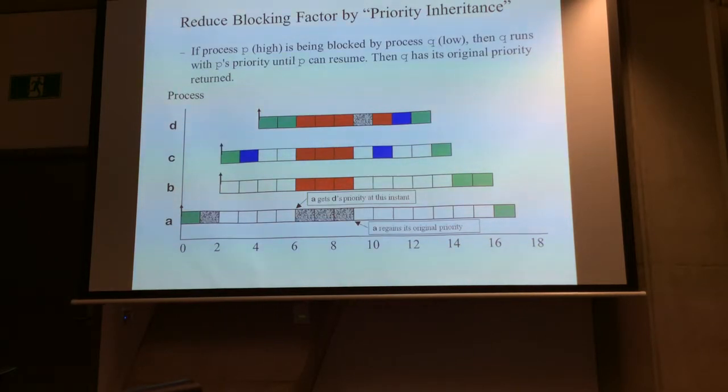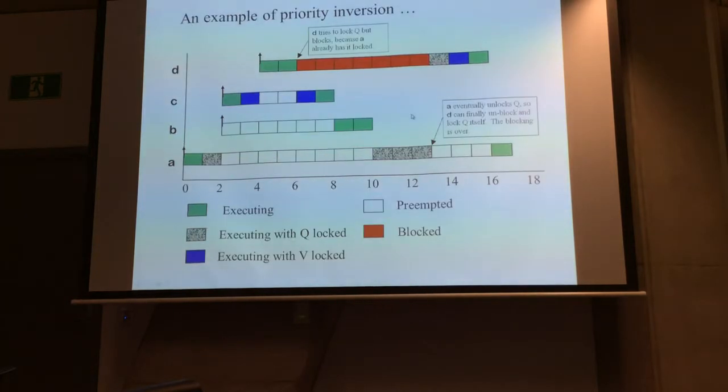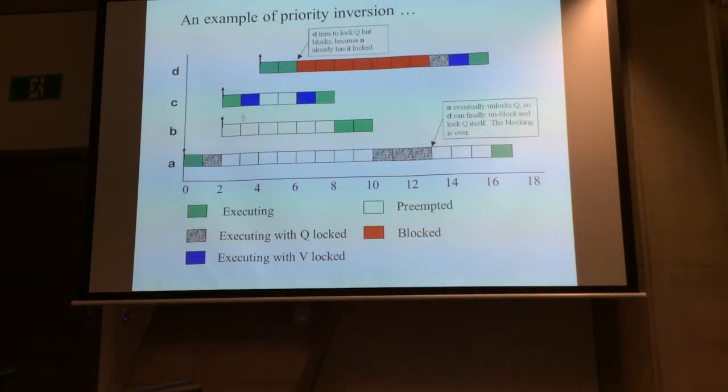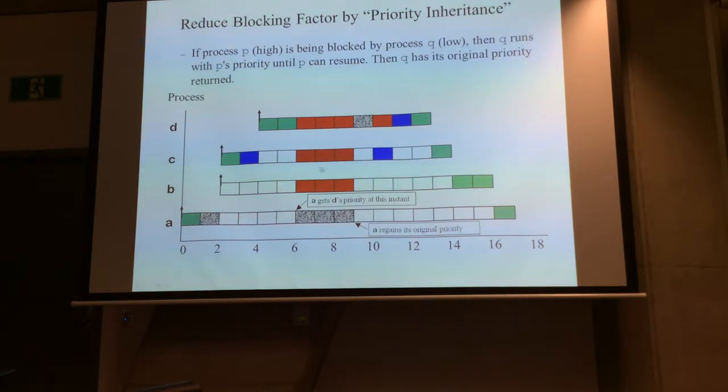and clearly it's had an effect, a positive effect, on reducing the amount of time that D experiences blocking. And even though that picture doesn't make it look quite so dramatic, remember that if there were tens of processes in this region here between C and B, then the positive effect of applying priority inheritance would be much clearer to see.